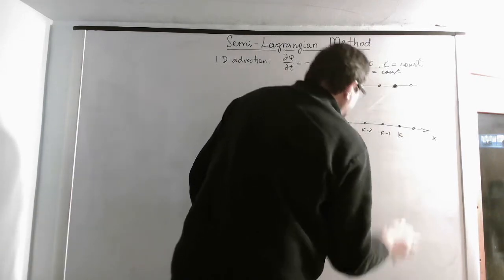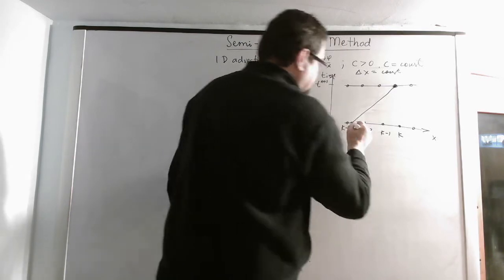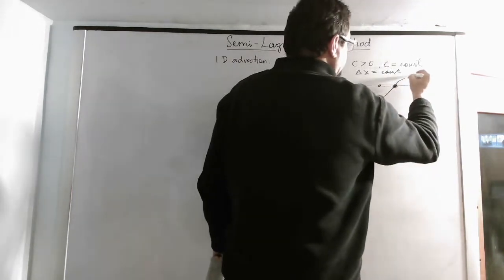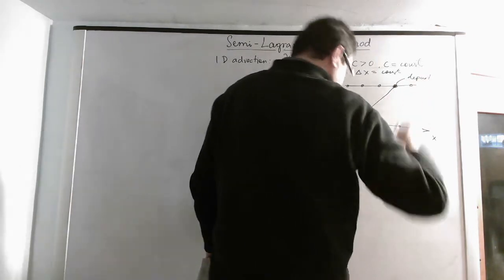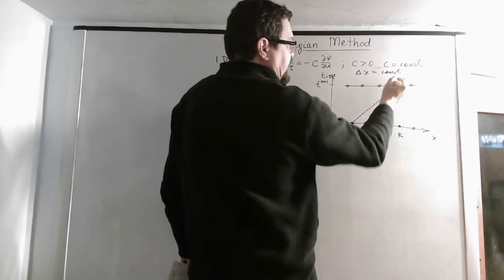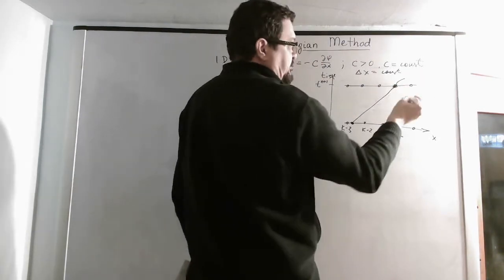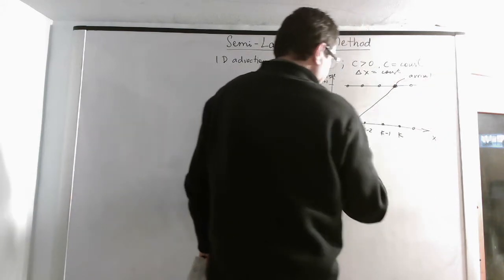This is the arrival point, sorry, and we know that the coordinate of that arrival point is just our grid point. And this is the departure point.